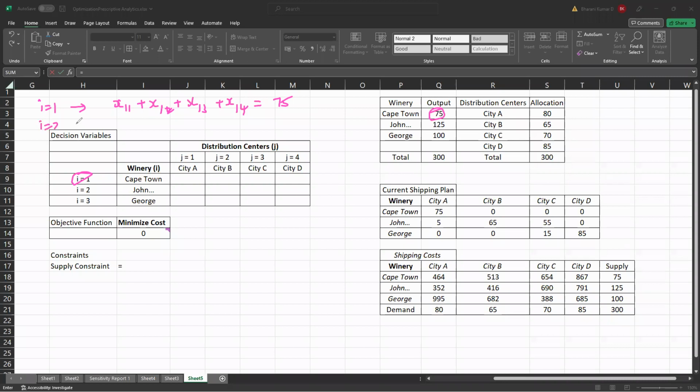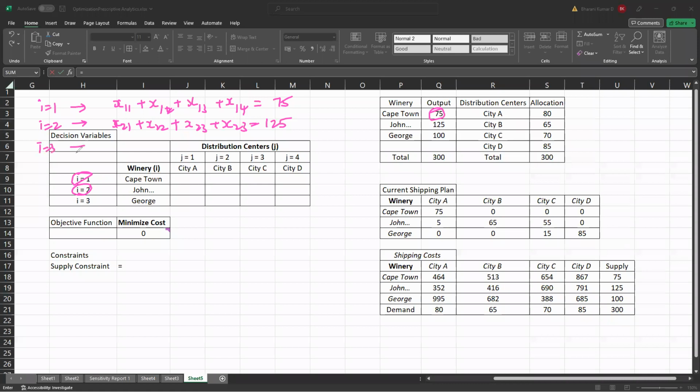And then when I say i equal to 2, which is the second, then x21, 21 means 2 to city 1, plus x22 means from 2 to 2, x23, x24 should be equivalent to 125.